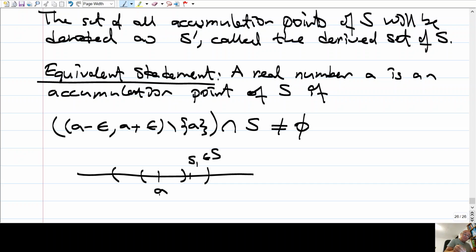Since S1 is not equal to A, I can choose a smaller interval excluding S1. And then I repeat the same argument. This interval contains an element from S which is not equal to A, because A is an accumulation point.